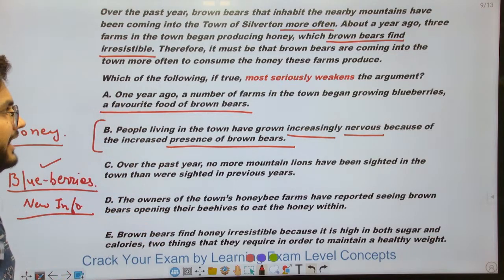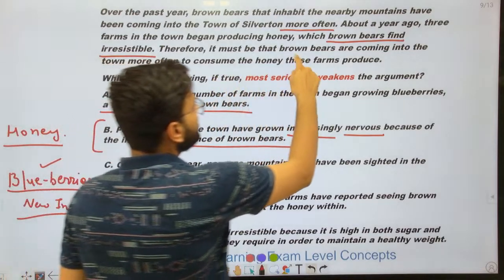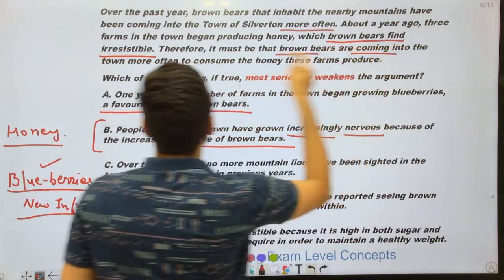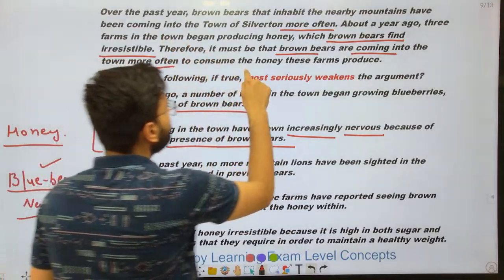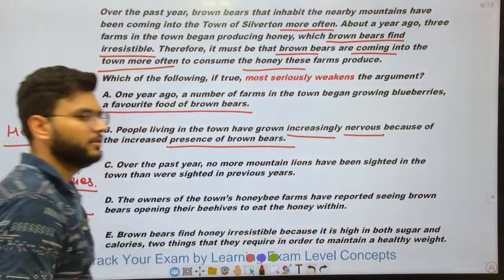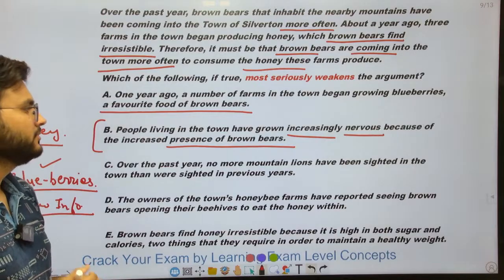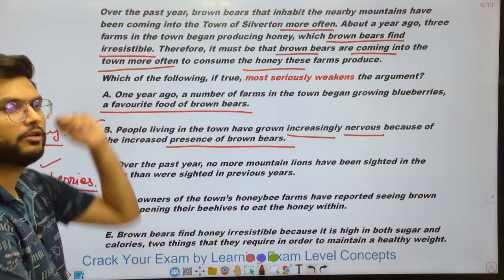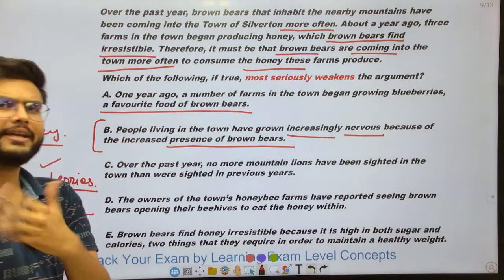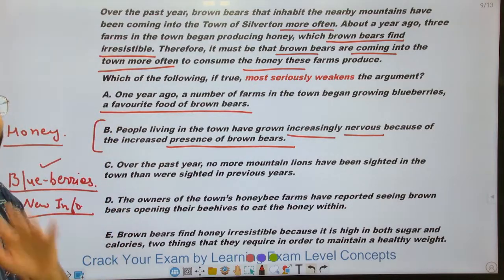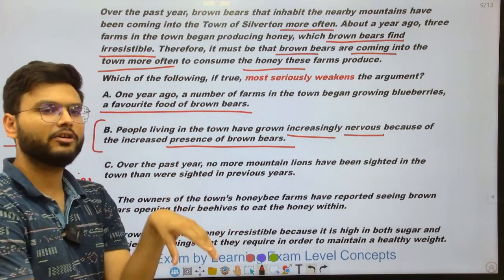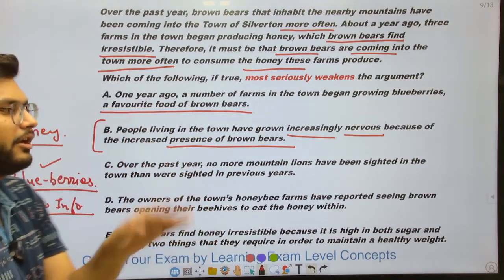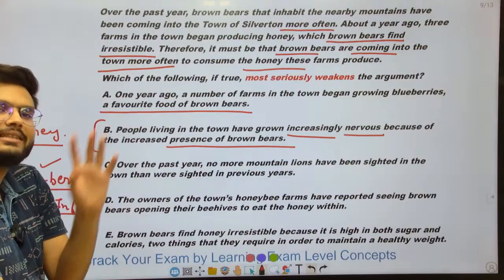Does it tell me that brown bears are coming into the town more often to consume honey? People might get nervous, but then also it could be true. It does not weaken. People might get nervous, they might not. How does this affect that honey is the cause and the effect is that they are coming more often? It does not affect this relationship.